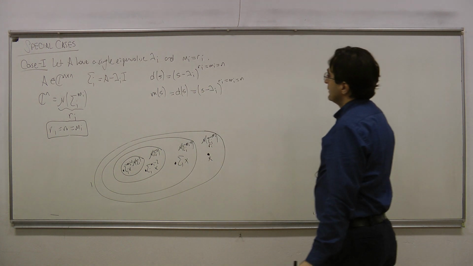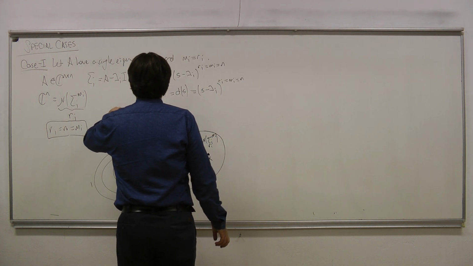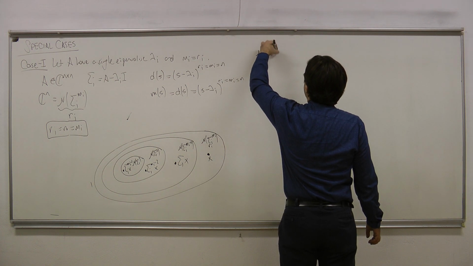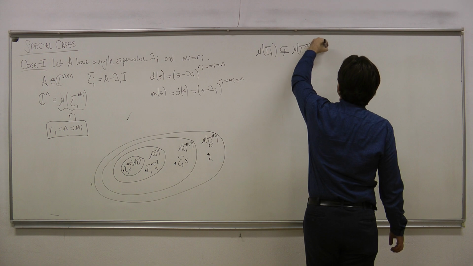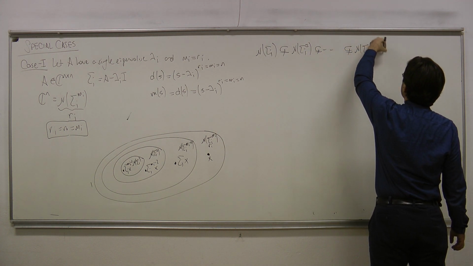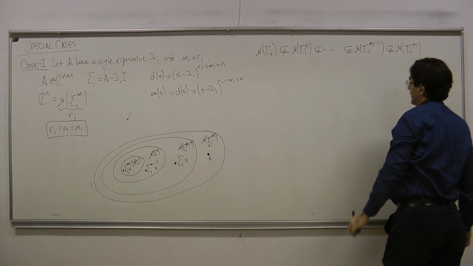Now let me look at these null spaces here. So let me write them here. Null space of sigma i, null space of sigma i squared. These continue until null space of sigma i to the mi minus 1, and null space of sigma i to the power mi.